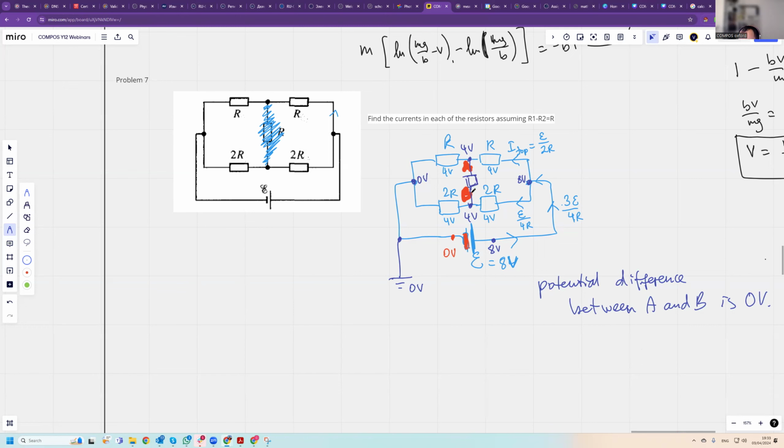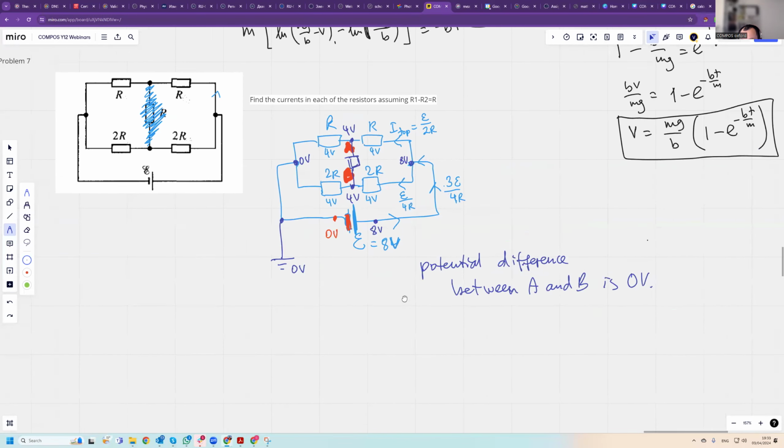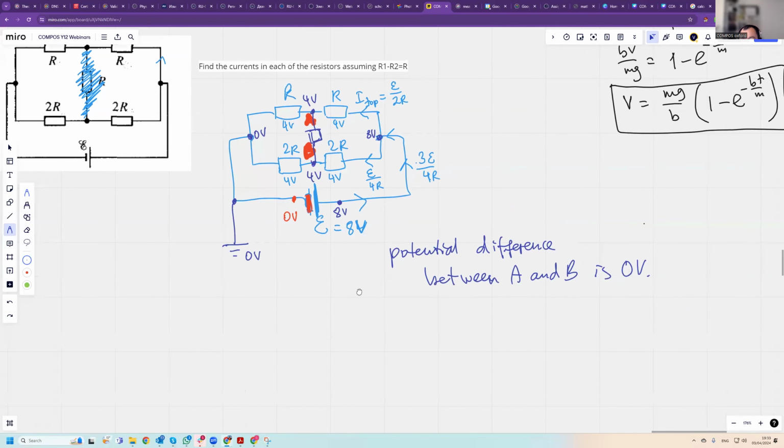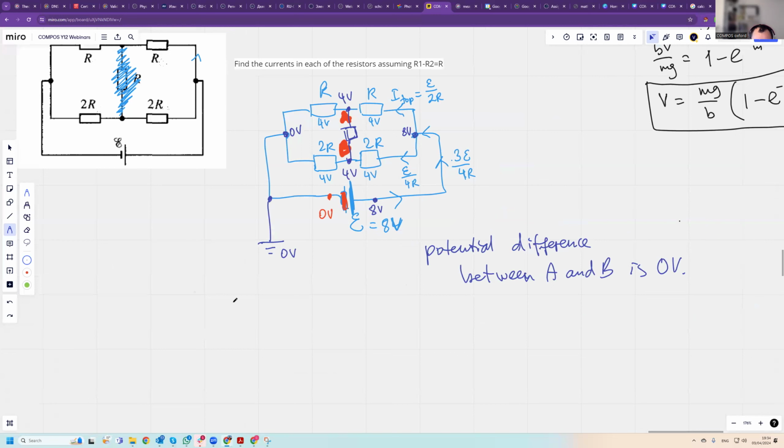So it is as if it wasn't there. Yes, Karim, well done. Right. So there's no potential difference between A and B. Therefore, there won't be any current through the resistor. The resistor would make no difference whatsoever. Therefore, we've already found the currents.